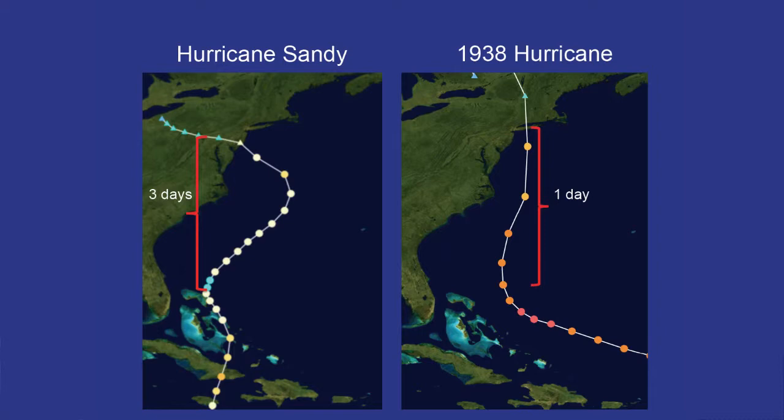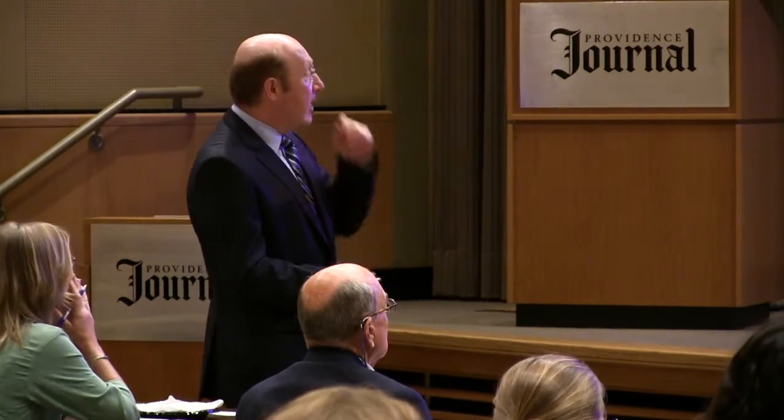One day for the 1938 hurricane to reach Rhode Island from the Bahamas, and it took 3 days for Sandy to reach the New York, New Jersey area from the Bahamas. So two very different storms. One is a slow-moving storm like Sandy, and the other a very fast-moving storm like the 1938 storm.